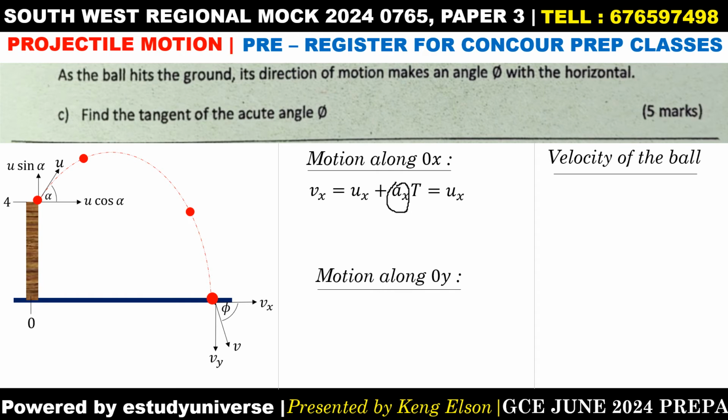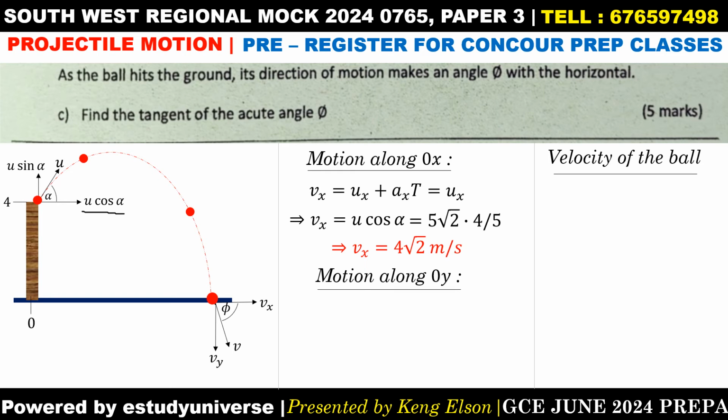Now what is ux? Ux is the initial velocity in the horizontal direction, and that initial velocity is u cos alpha. So we have vx to be equal to u cos alpha, but we know that u is 5 root 2, and we know that cos alpha was 4 divided by 5. So it therefore means that our vx is 4 root 2 meters per second. You see, it is positive, pointing to the right, so it is positive.